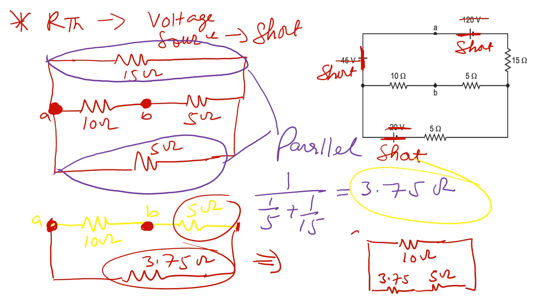Here this is A and this is B. Now these two resistances, this 3.75 and this 5 ohm, are in series, and this series is parallel with this 10 ohm.